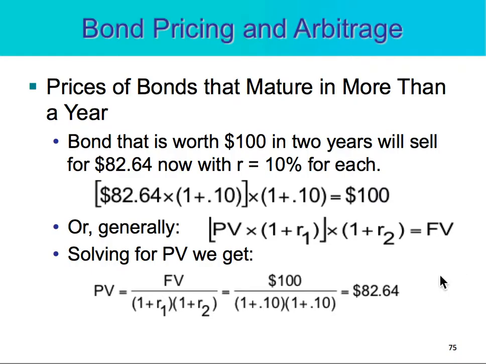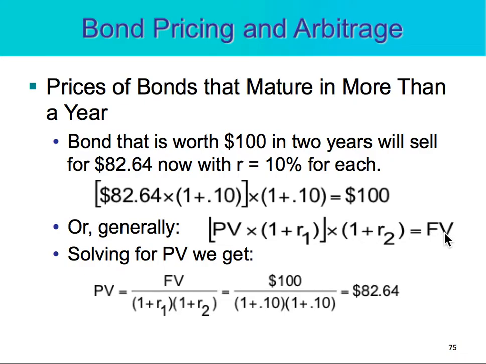Then what you do is you say, okay, the face value is $100. It's going to be equal to the present value times 1 plus the interest rate in period 1. That's going to be the amount of money that you have after 1 year. Then that quantity times 1 plus the interest rate in period 2.